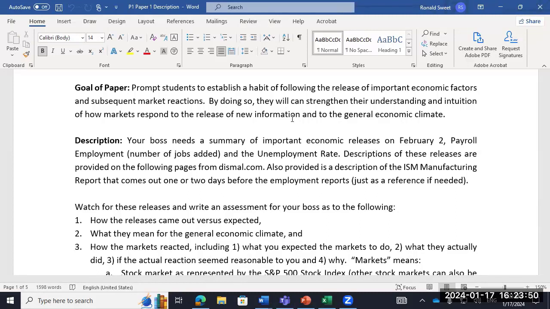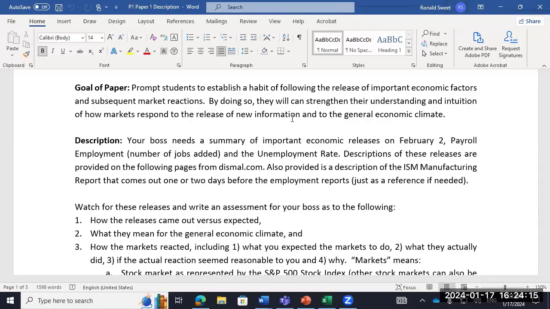So what do you know about the jobs report? I told you there's two numbers that are really important. What do you think those two numbers are? Jobs created. Okay, the number of jobs. What would be an average number there? We need some choices: 20,000, 200,000, 2 million.